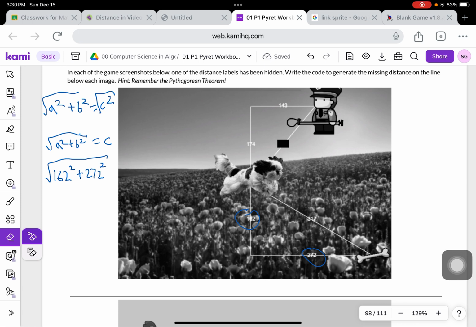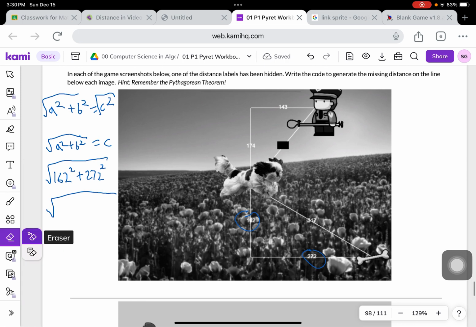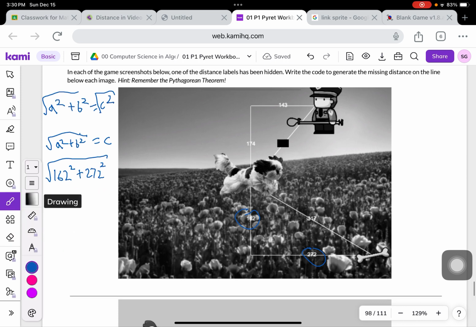So to find the one that's missing, we do the square root of 174 squared plus 143 squared.